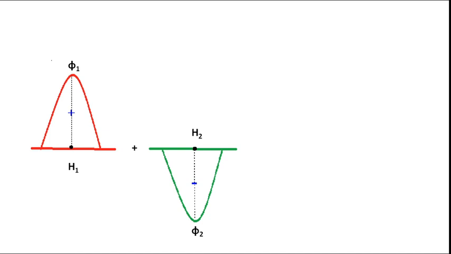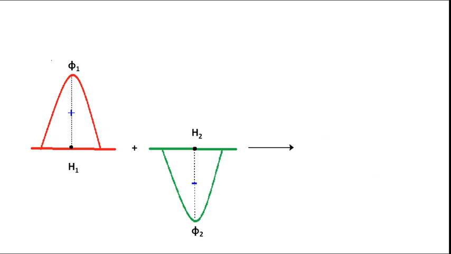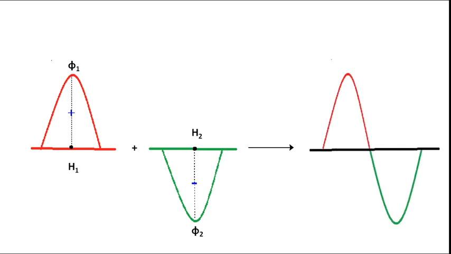So we have two wave functions phi1 and phi2 for the two hydrogen atoms H1 and H2, one with a plus sign, another with a minus sign. When the two opposite signs undergo combination, what will happen? They repel each other. So we get the resultant. Okay, this is the resultant.